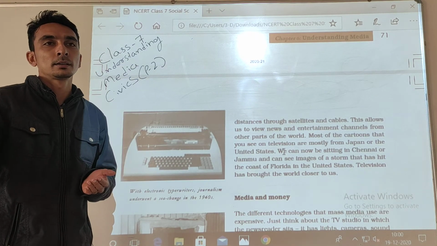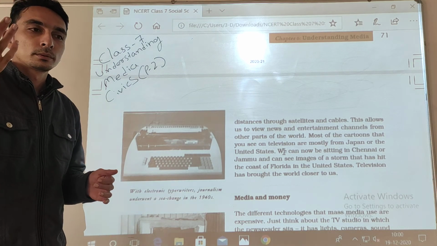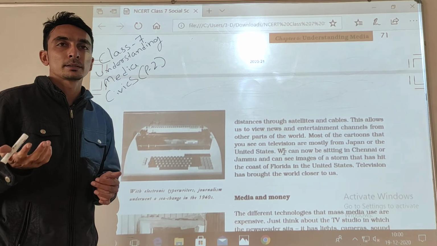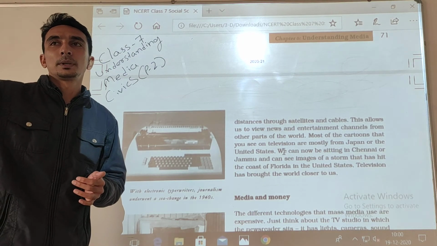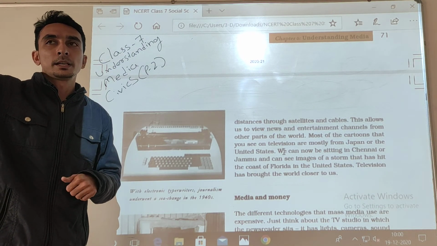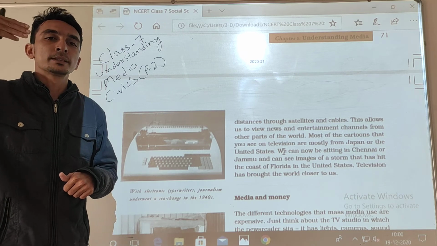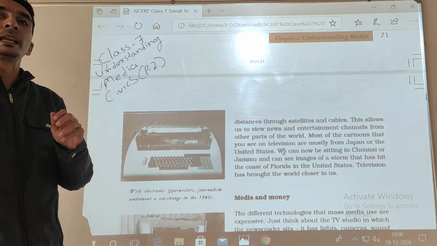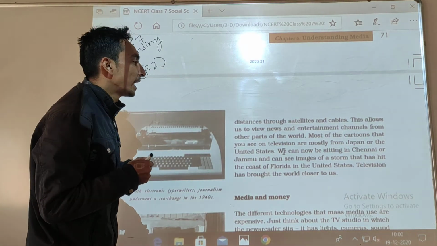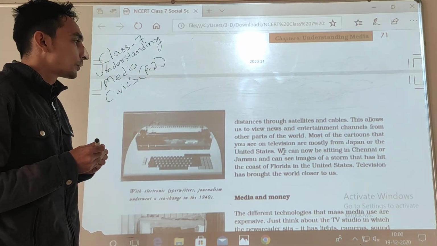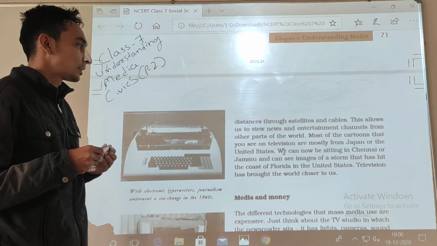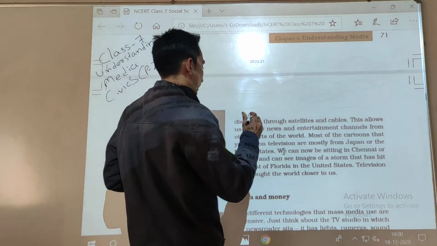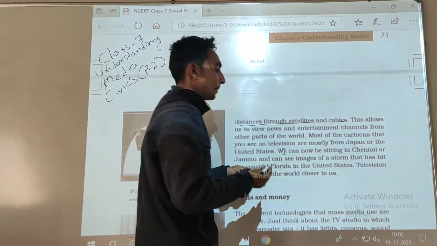You can watch a cricket match or football match played in England, and you can see that match in India. So what is that? It travels from England to India with the cable. This allows us to view news and entertainment channels from other parts of the world, right? It travels through the satellite cable.